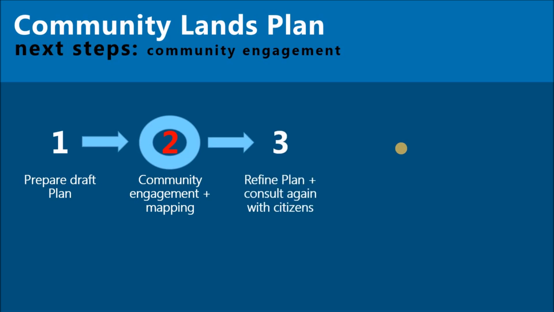So once we get through that work, we'll refine the plan based on the input from citizens. We'll bring that back to citizens and say, hey, okay, is this what you've said? Are you okay with this? And hopefully they say, yes, go ahead. We make those final edits to the work. We take that back to Kwalndun Council. We have them approve.